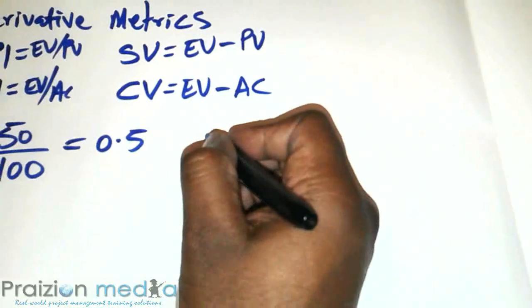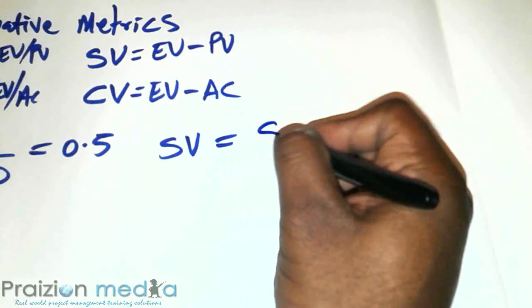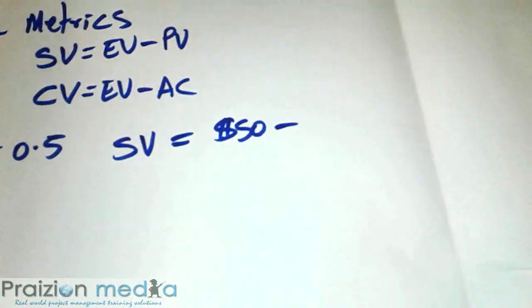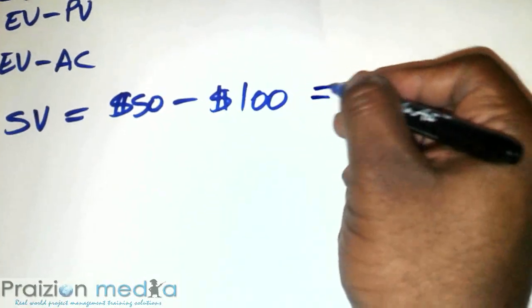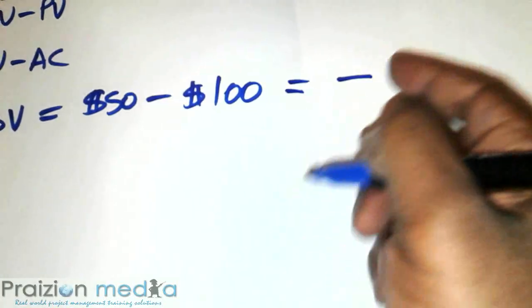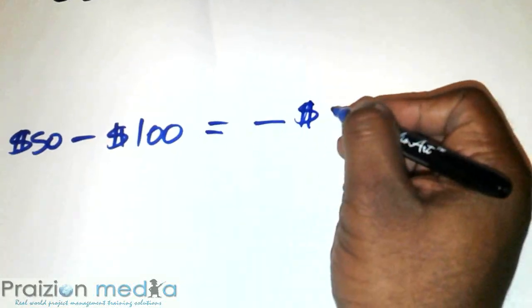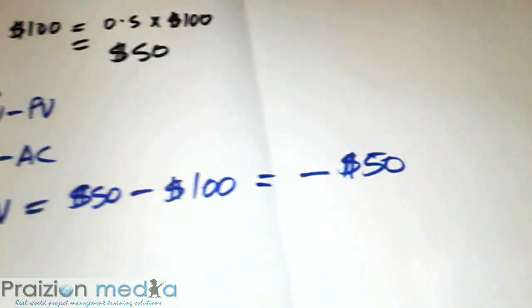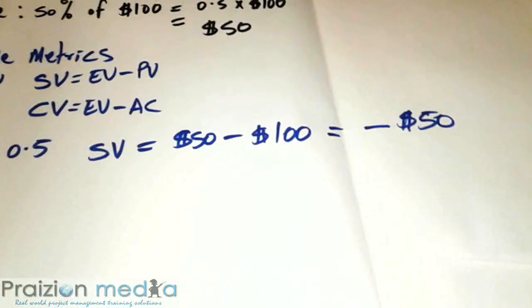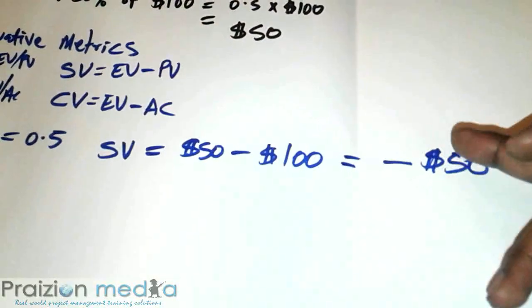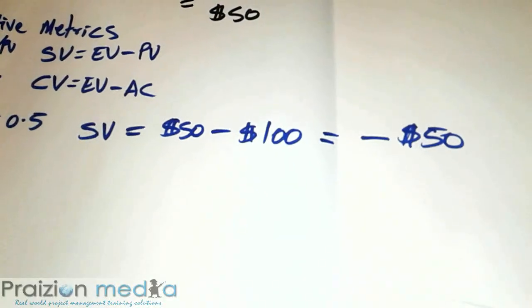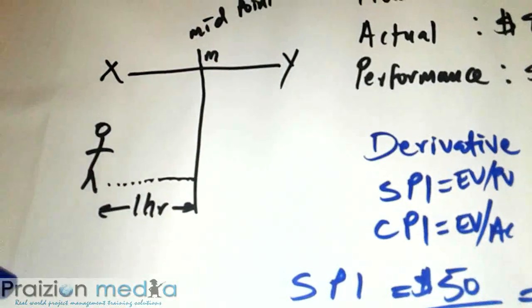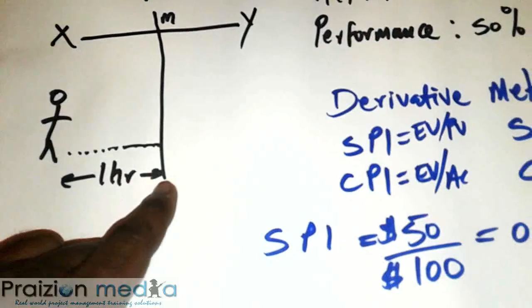So we have schedule variance is equal to the $50 minus the $100, and that gives you minus, watch that minus, very important, minus 50. Minus $50. What does that tell me? That tells me that I am $50 worth of work behind schedule. Remember in the example, Phil should have been done in 1 hour?